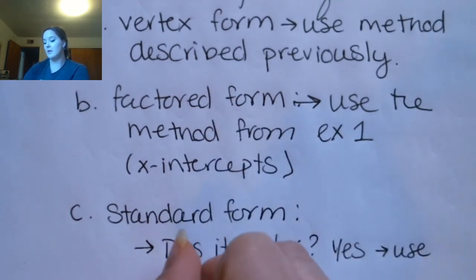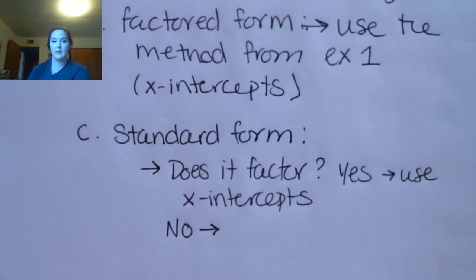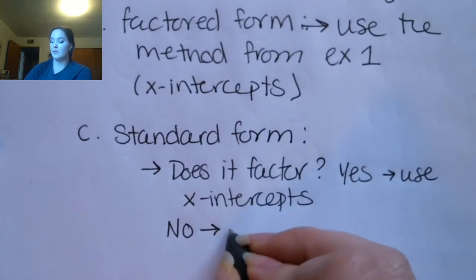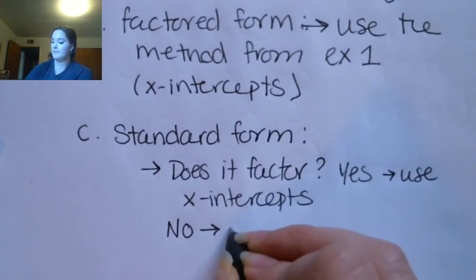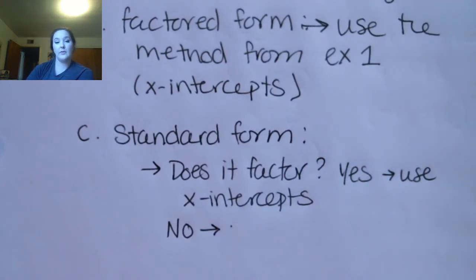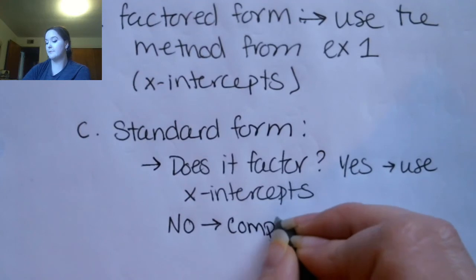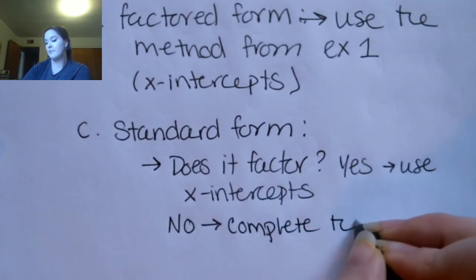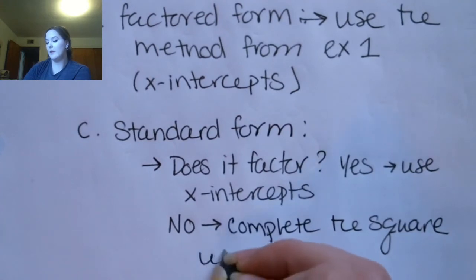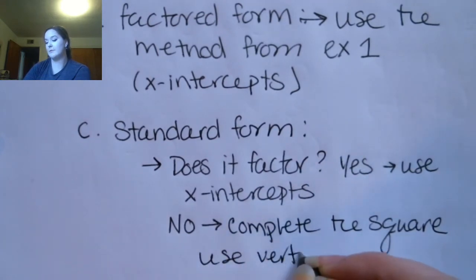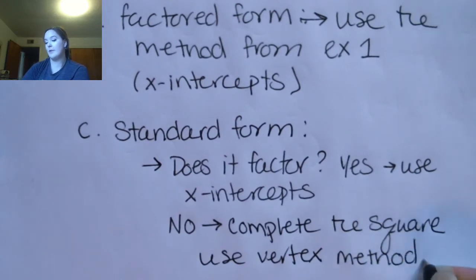If it doesn't, then I would say move on. The next thing we're going to try is complete the square, and then use the vertex method.